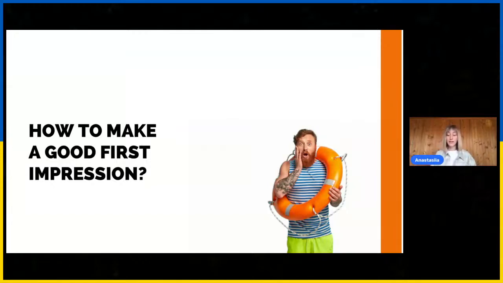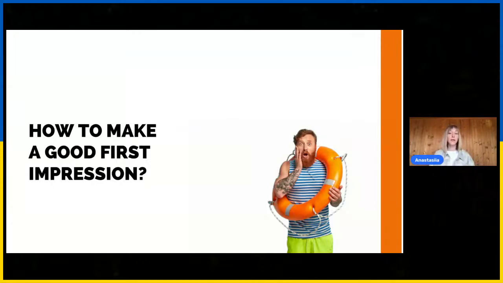And another thing is that of course, when we are writing our first email to some person we haven't talked to before, we want to make a good first impression. You know that first impression is not only about meeting people in real life, it's also about writing emails and reading emails, reading how a person writes.